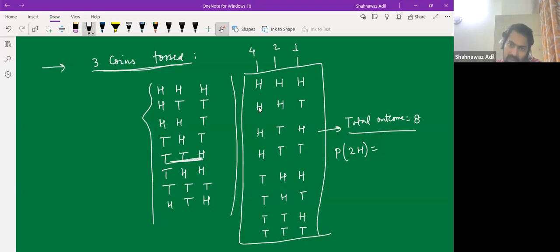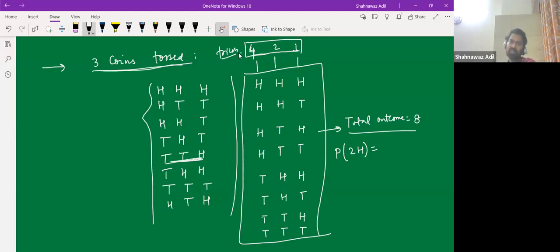This is 1, 2, 3, 4, 5, 6, 7, 8, right? This is the counting that I am doing. So 4 times H, 2 times H, 1 time H. This is the trick that I have, not the number, right?